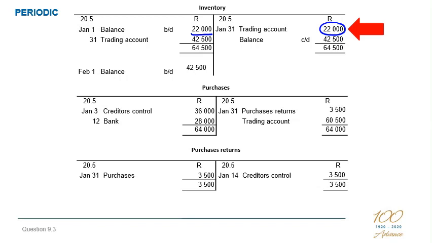Opening inventory plus purchases, but before I can take purchases, I first need to get to net purchases. So I take my purchase returns and close it off to the purchases account before I take my net purchases to the trading account.